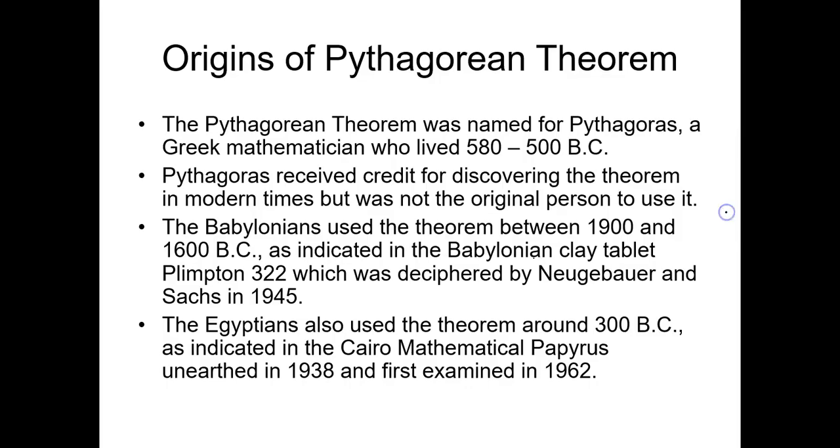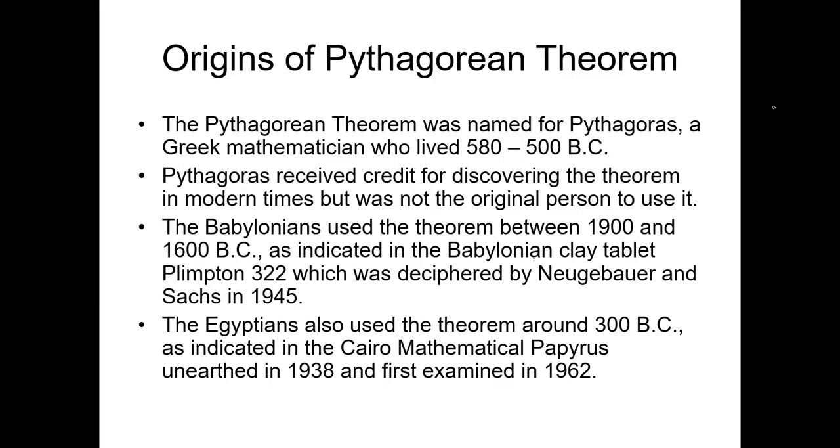All right. So that's the Pythagorean theorem, just a little bit about it. I think you probably could guess, if you didn't know already, that it was named for a guy that sounded like Pythagorean. In this case, it's Pythagoras, a Greek mathematician who lived 580 to 500 BC, so a long time ago. He's got the credit for discovering it, and for a long time we thought he had.